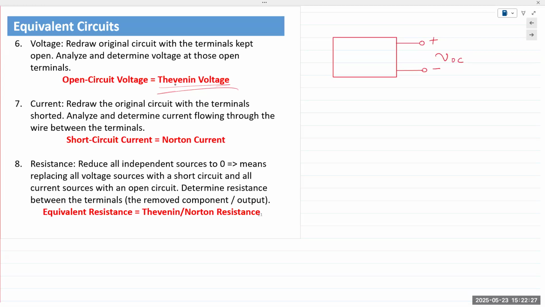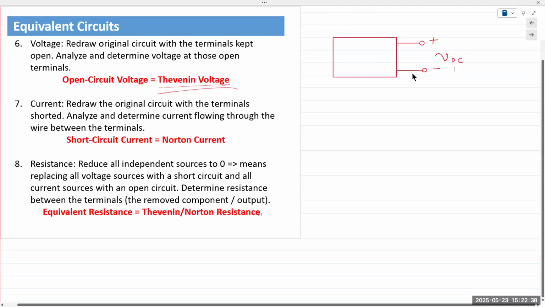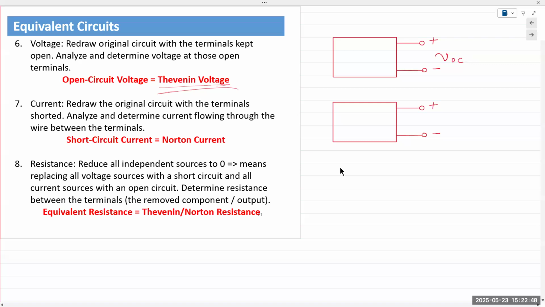But calculating it is a whole different thing. So measurement is very straightforward. Now, you have your circuit. Simply calculate the voltage at the output terminals, and that would give you your Thevenin voltage.